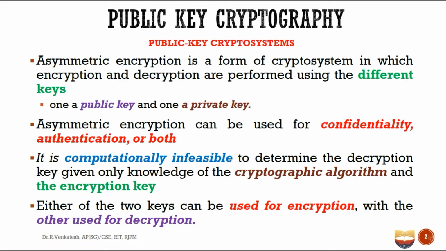It is computationally infeasible to determine the decryption key given only the knowledge of the cryptographic algorithm and the encryption key, because in asymmetric key cryptosystems we use two different keys. One key is used for encryption and the other key is used for decryption.